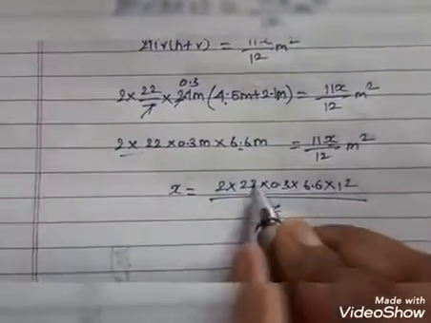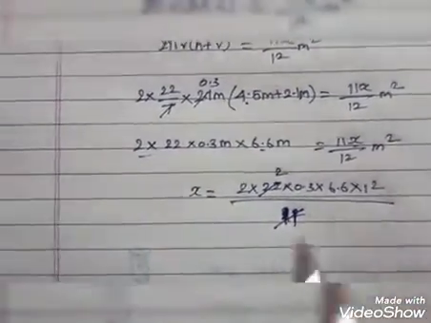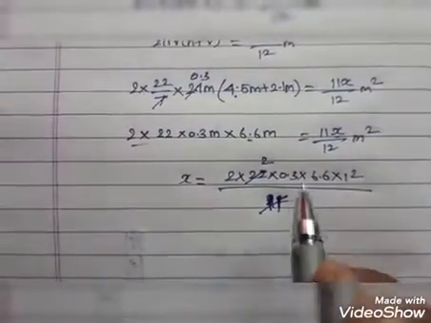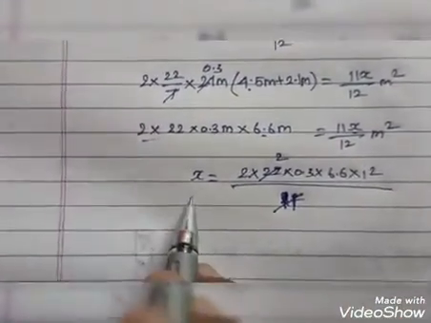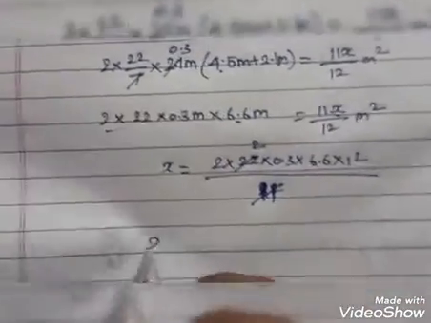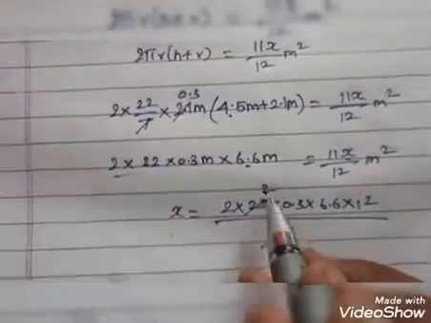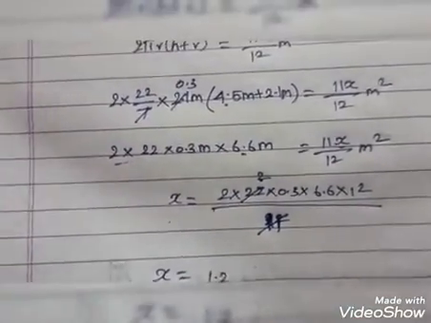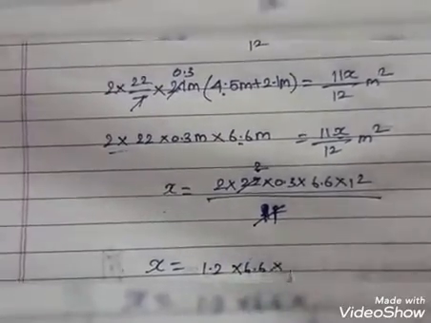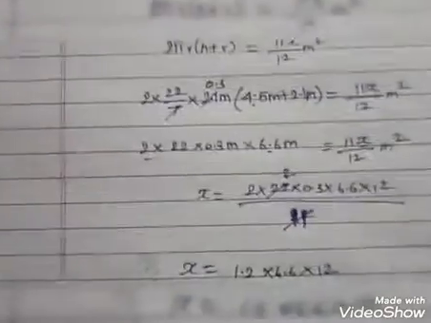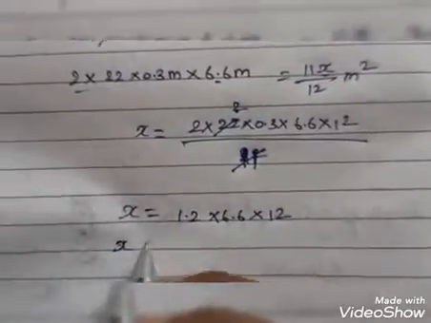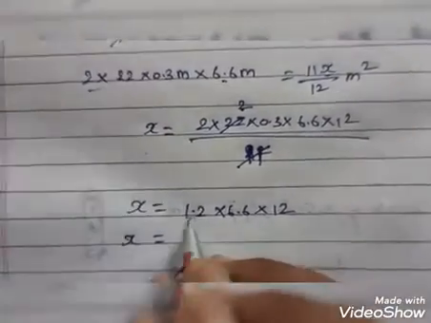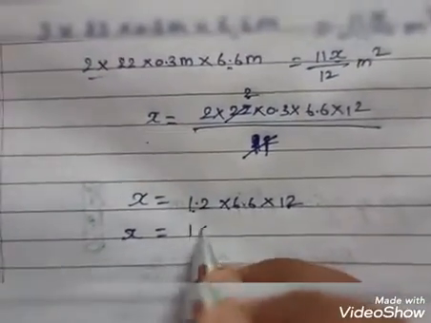So 1 11s are 11, 2 11s are 22. So you need to multiply all this value, you get the actual steel x, which is equal to 2 into 2, 4 3s are 12. It should be 1.2 into 6.6 into 12. So 12 into 12 you get 144.